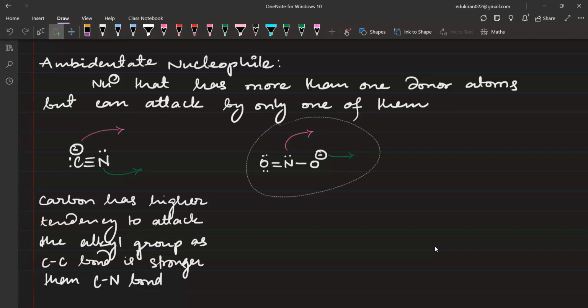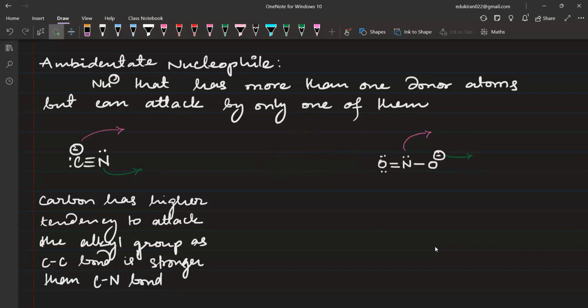If you are having CN negative, then वहां पे probability किसकी ज्यादा होती है? कार्बन की. Majorly, carbon is only going to attack. Why? Because the carbon-carbon bond is stronger than carbon-nitrogen bond.